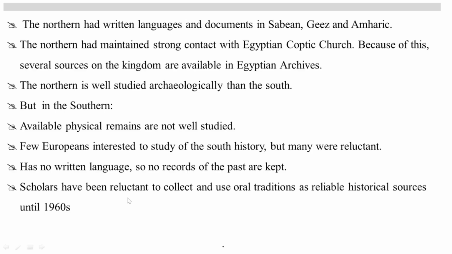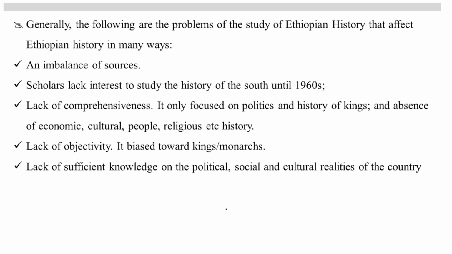Again, scholars were reluctant to collect and use oral tradition as a reliable historical source until the 1960s. Historians and scholars were either unwilling or afraid to use oral tradition. This was another disadvantage of the south, because until 1960 the study of Ethiopian history mainly focused on the northern part of Ethiopia.